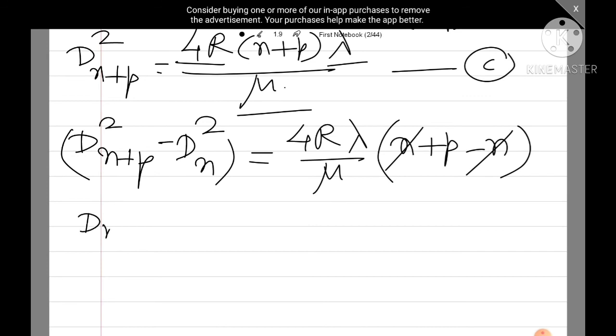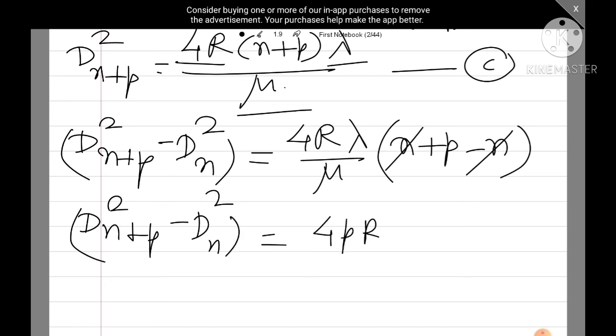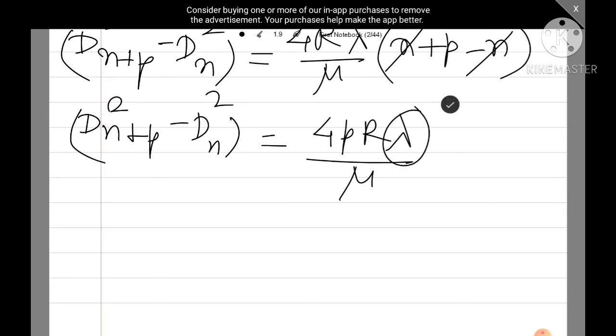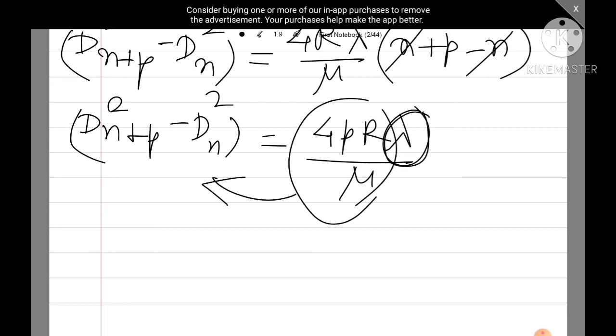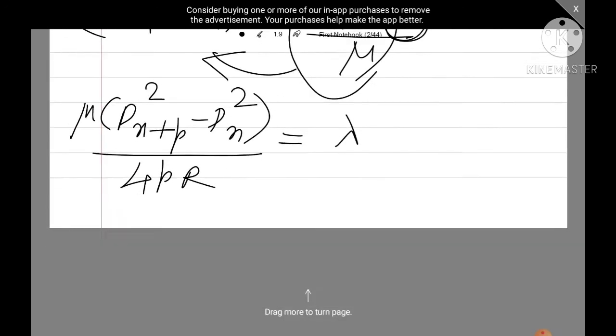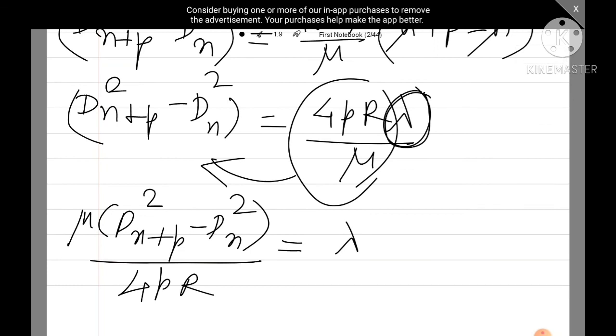So dn plus p whole square minus dn square is equal to 4pr lambda upon mu, because here we have to calculate the wavelength. So leaving the wavelength here, all the terms should be transferred to the left hand side. So we get lambda is equals to mu times dn plus p whole square minus dn square upon 4pr. Now this is the equation number D, suppose.